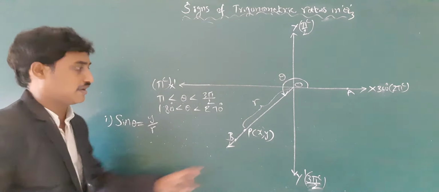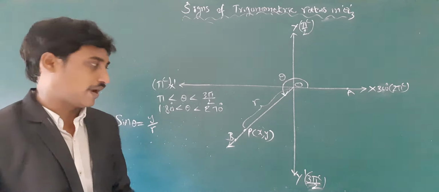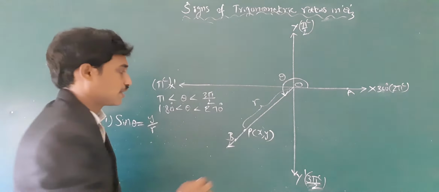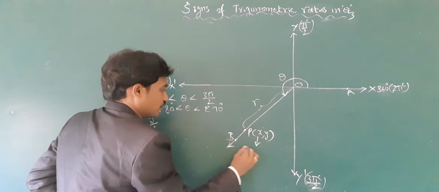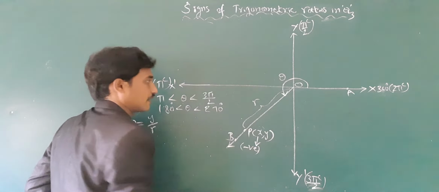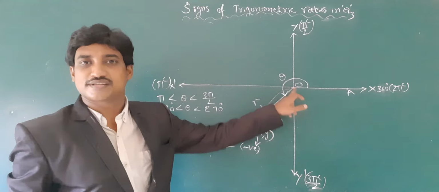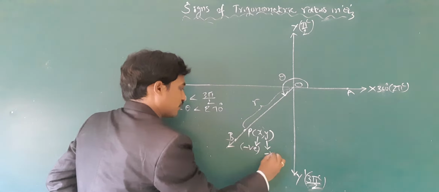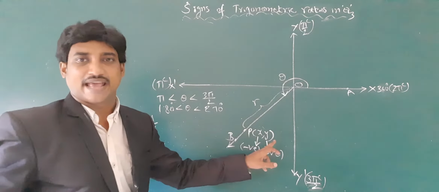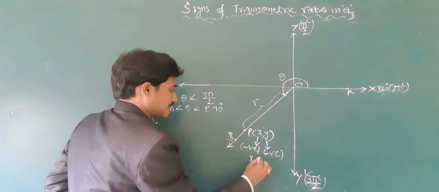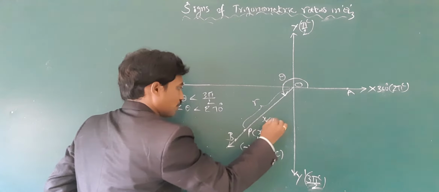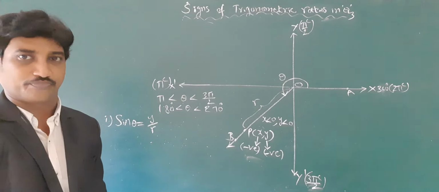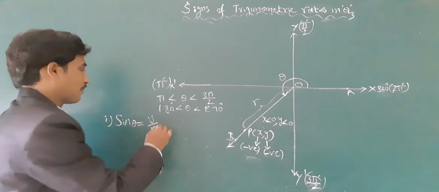Let us check the signs of x and y. X is towards the negative x-axis, so x is a negative quantity. Y is towards the negative y-axis, so y is also a negative quantity. That means x is less than 0 and y is also less than 0. Both are negative.